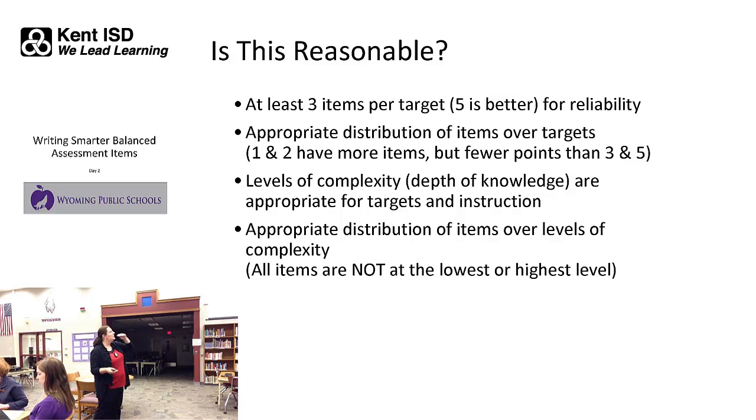So DOK levels 1 and 2 have more items, but fewer points than 3 and 4. Levels of complexity need to be appropriate for targets and instruction, so make sure you're making some alignment there. Also make sure there's distribution of items over levels of complexity, that you're not asking all the lowest or the highest level.